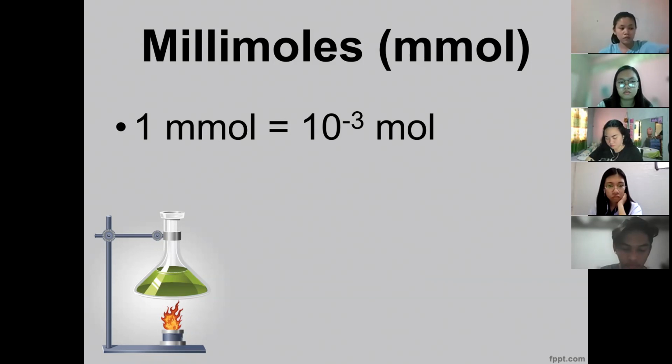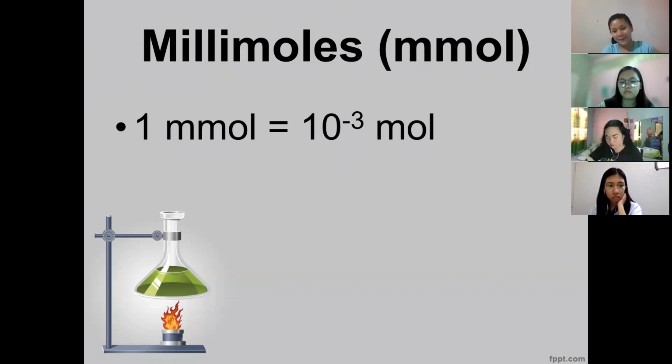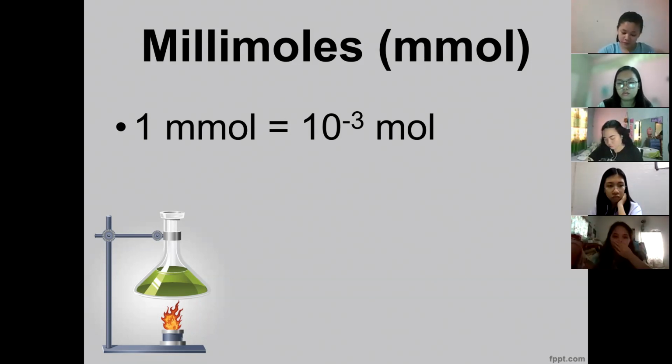Especially yung mga elements natin. Meron kayo niyan, clinical chemistry ninyo wherein you are going to identify the amount of like sodium or potassium in the blood. Most of the time, you are going to use millimole in the unit.